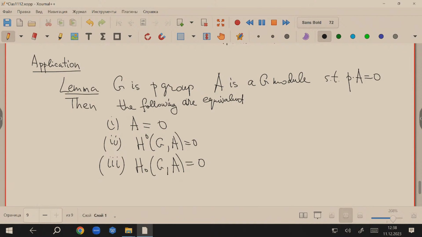Historically, people were writing down different formulas that were quite complicated.